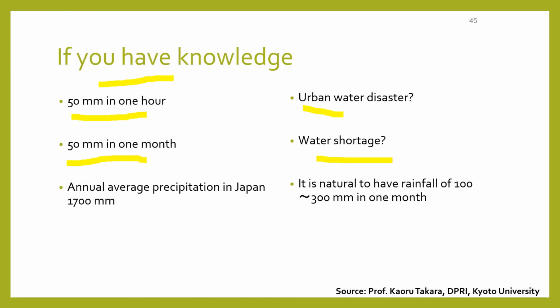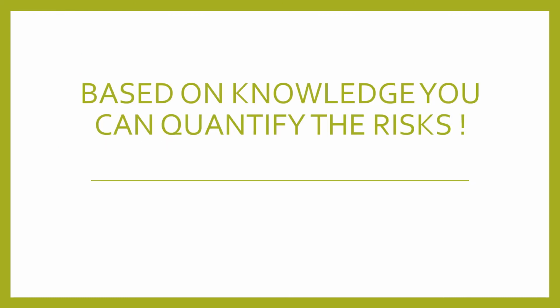For example, here it shows the annual average precipitation in Japan, 1,700 millimeter. It is natural to have rainfall of 100 to 300 millimeter in 1 month, so it depends on the location. The message is that based on knowledge, you can quantify the risk.